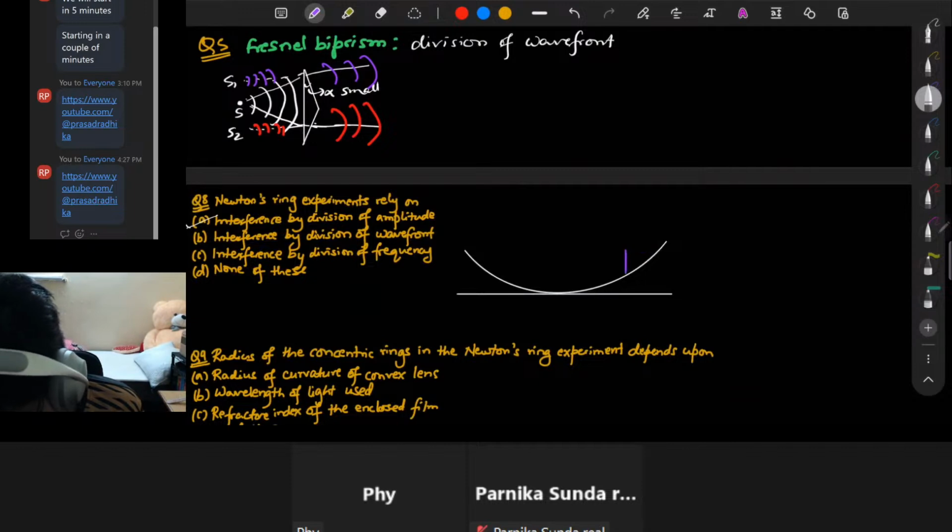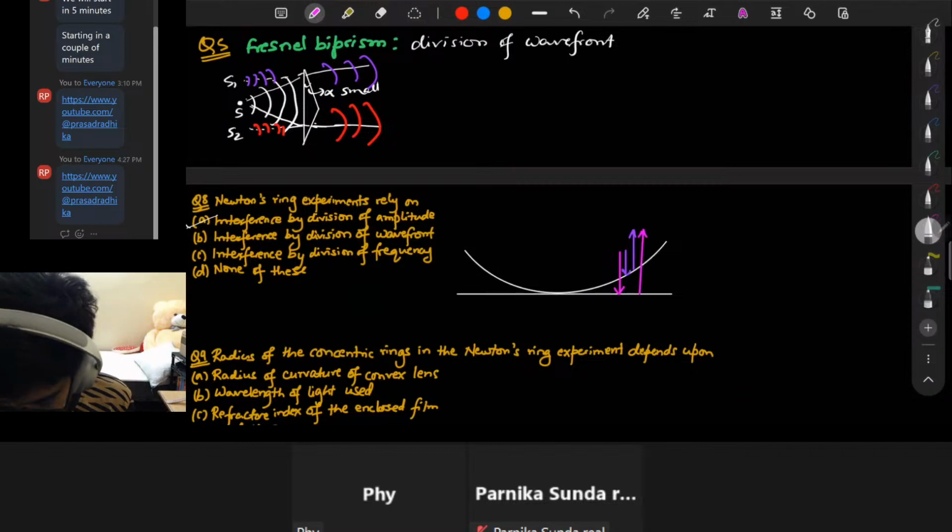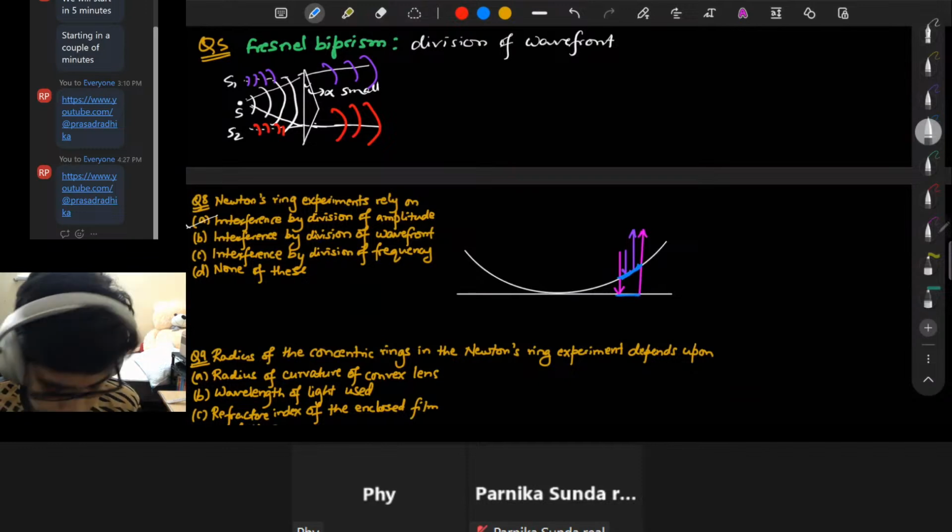So the ray is coming and it gets reflected by the top surface and goes there. And the ray which is coming, instead of getting reflected, it can get transmitted, hit the bottom surface and then get reflected from the bottom surface. So what is happening is, we are observing reflection from the top surface and from the bottom surface.